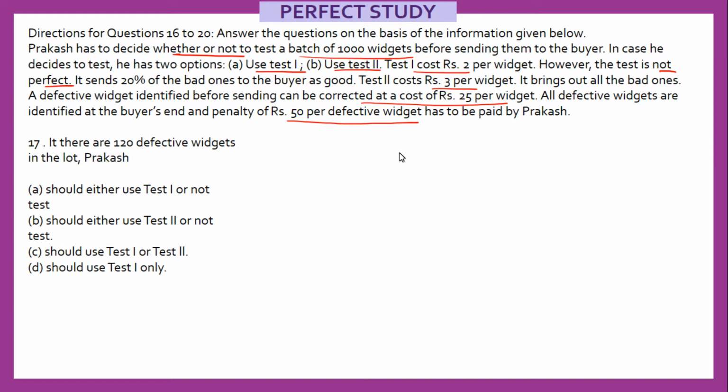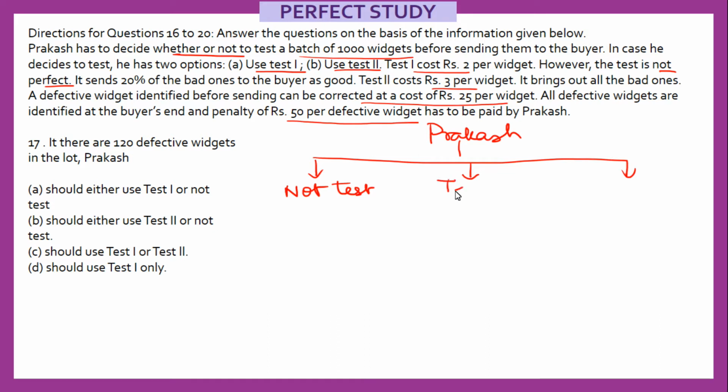So now the scenario is like this. Prakash has three options with him. Either he will not test, or he will do test number 1, or he will do test number 2.